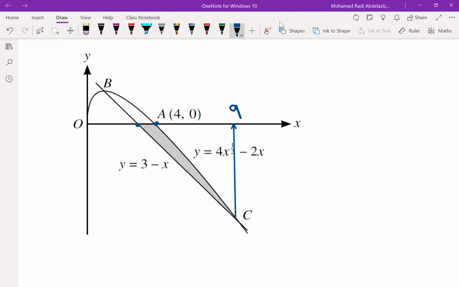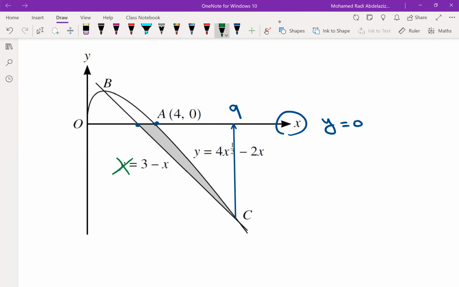It's already given, but if it is not given, you have to know how to get the intersection of the curve with x-axis by using y is equal to 0. The equation of this line is y equals 0. Its name is called x-axis, but its equation is y is equal to 0. So how to get the intersection of the line with x-axis?